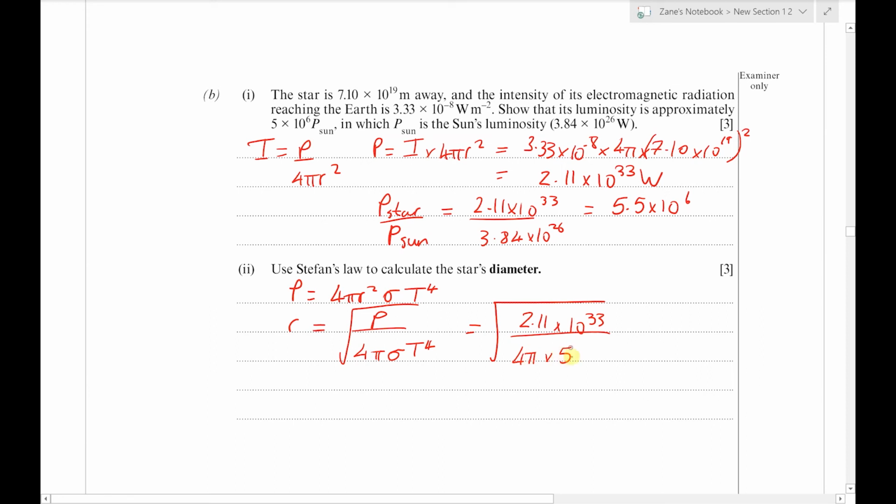Value of sigma is 5.67 times 10 to the minus 8 given in the data book, and the temperature we had was about 53,000, and I'm going to use the answer from earlier in the question to get this here. So give me a moment to put all this into the calculator. 2.11 times 10 to the 33.